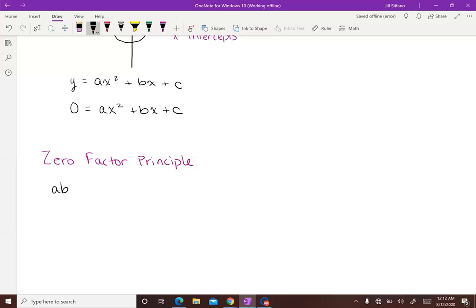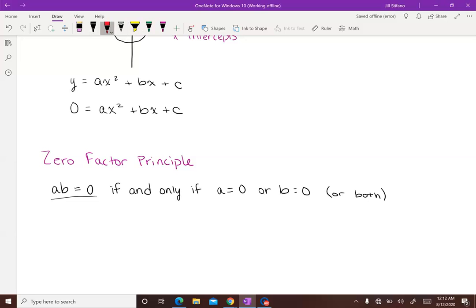We have something like a times b, and this equals 0. We know this can happen if and only if either a is 0 or b is 0, or both. Right? If neither a nor b is 0, then there's no way that a times b could be 0. So this becomes important when we're solving for x-intercepts.